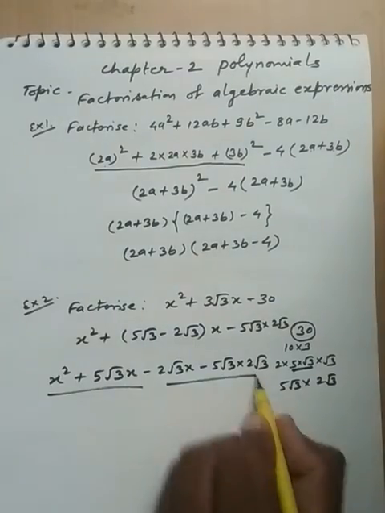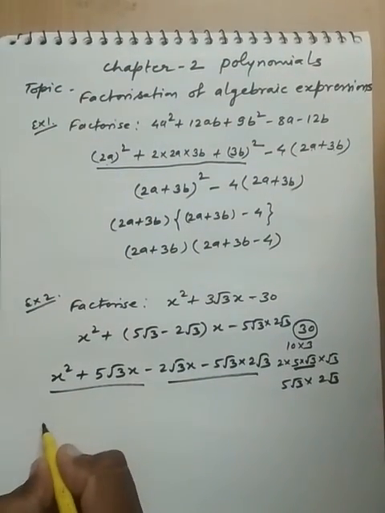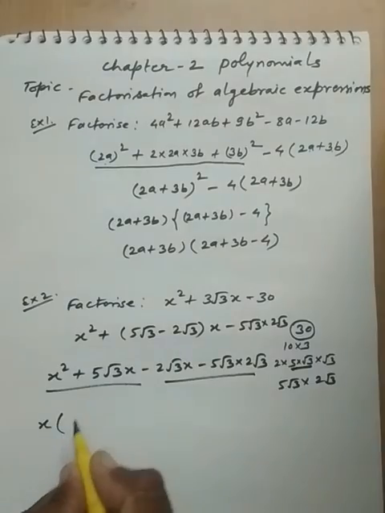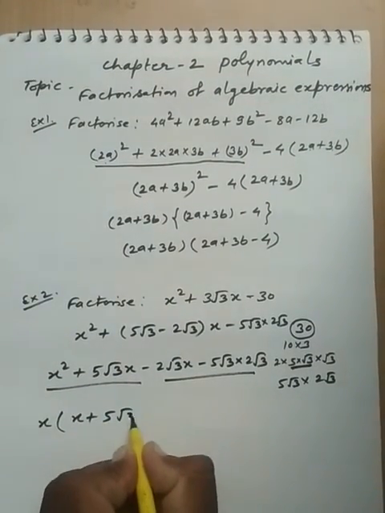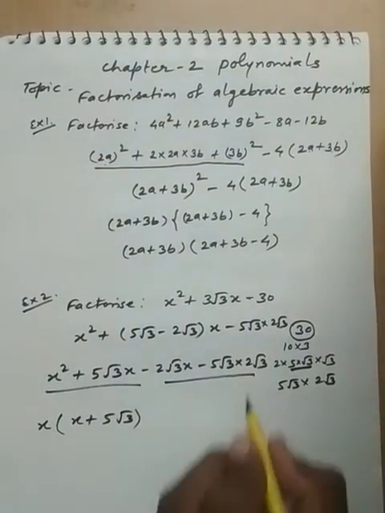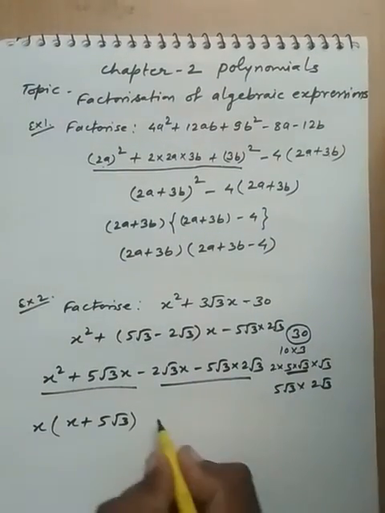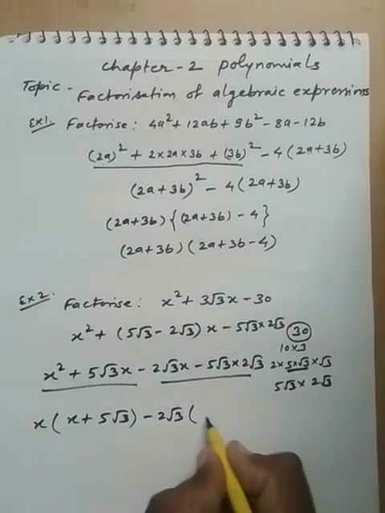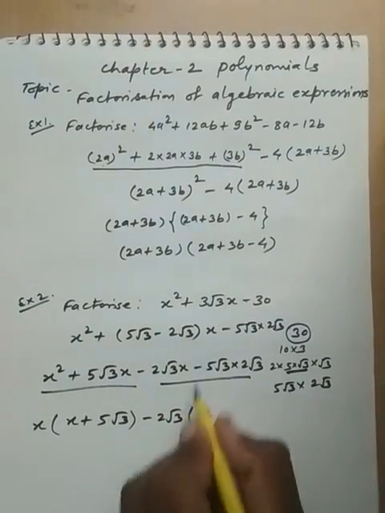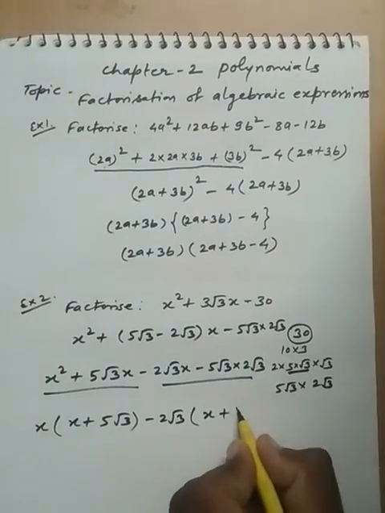Make the two pairs. In the first pair, x is common and the remaining term is x + 5√3. In the next pair, 2√3 is common and the remaining term is x. Both the minus signs are common, so the remaining sign is plus, and 5√3 is remaining.